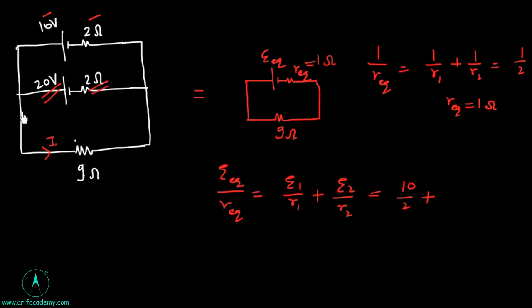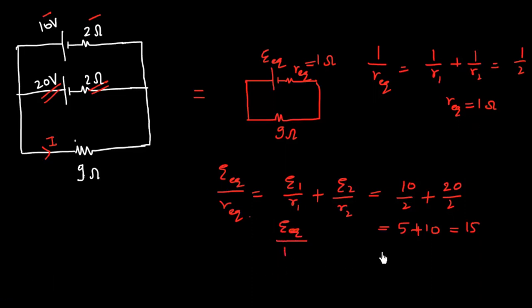There is a division of each EMF by its respective internal resistance. So 10 by 2 comes out to be 5, and 20 by 2 is 10, so this comes out to be 15. And since R equivalent is 1 ohm, E equivalent is equal to 15 volt.